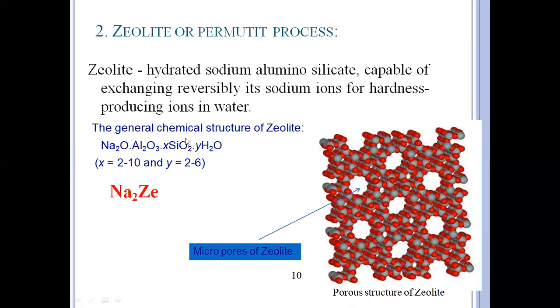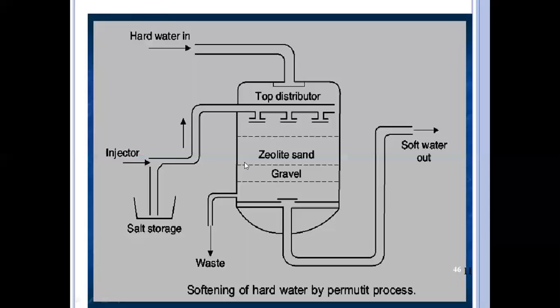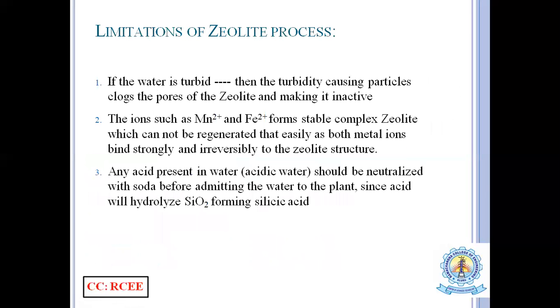So this SiO2 reacts with the acid and may form silicic acid. So that is one of the limitations. So we need to observe, before going to the zeolite process, whether the water is acid free or not.